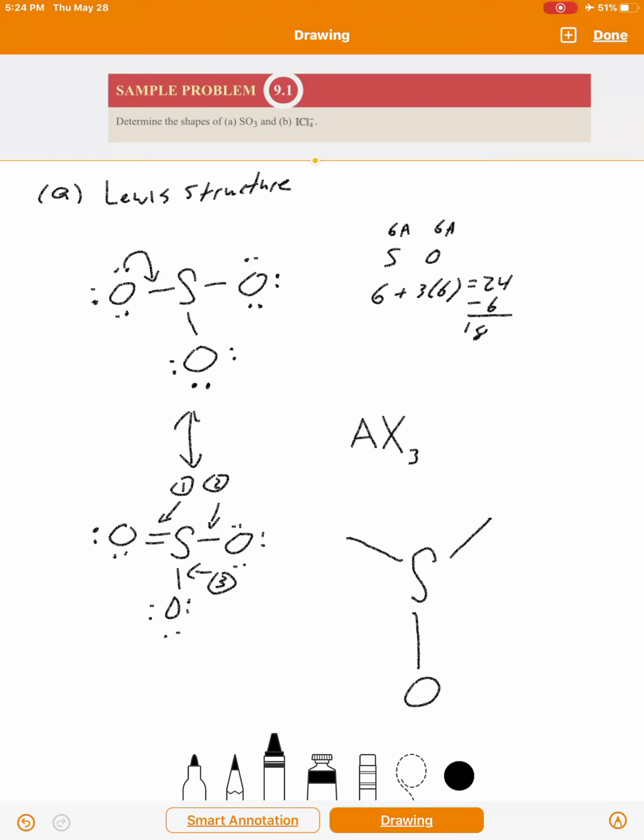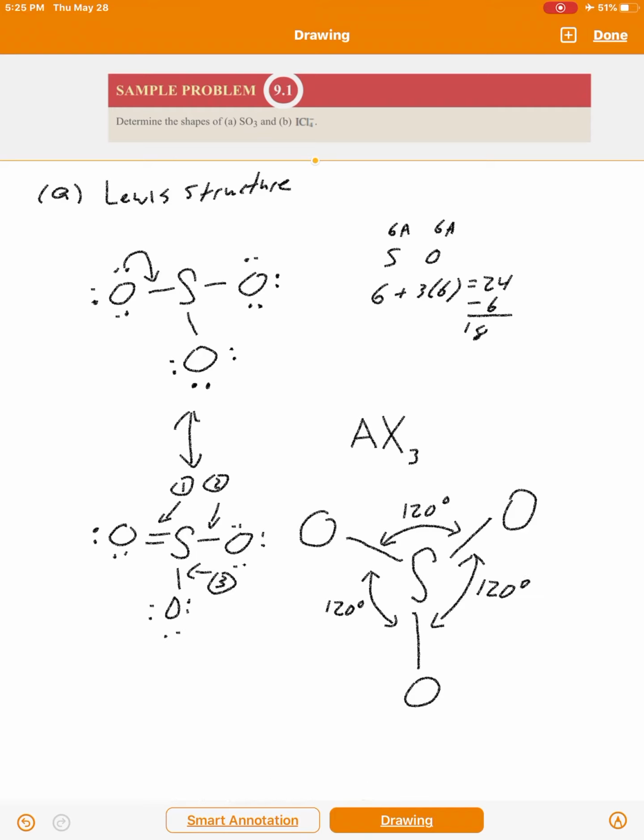So the oxygen atoms should be equidistant from each other. And geometrically, that would require an angle, just like a triangle, of 120 degrees. Okay? And the name of that is trigonal planar. And there you go. So there's the SO3 trigonal planar.